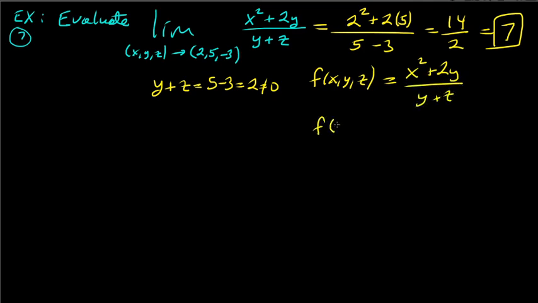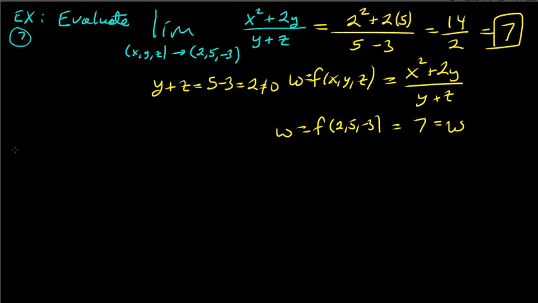So if you evaluate f at 2, 5, negative 3, of course, you still get 7. That's the, I was going to say z value, but that's the w value, right? This is a function of x, y, and z, so we go backwards and say it's w. But that's not unexpected. That's what we get because we know it's continuous.